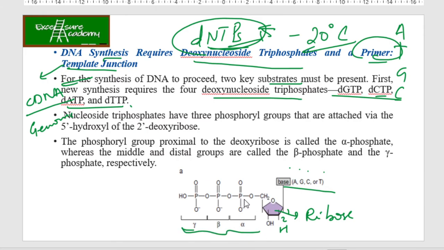So the first phosphate which is attached to the ribose is called alpha, followed by beta and gamma. Okay, so the phosphoryl group proximal to the deoxyribose is called the alpha, and then beta and gamma. Okay, so this is what we have discussed right now.